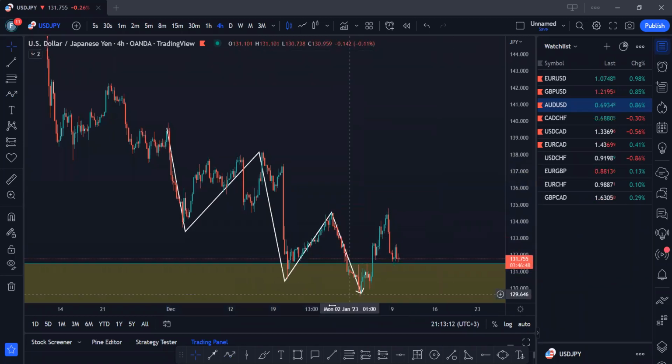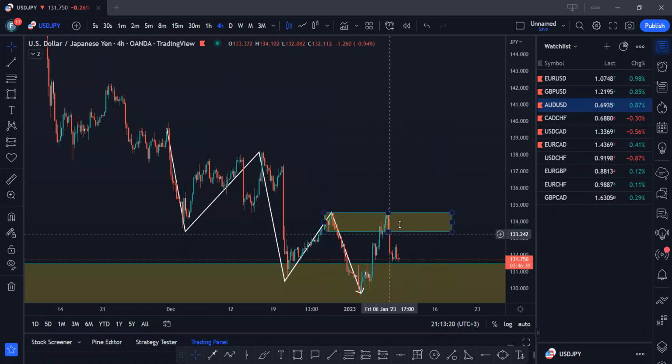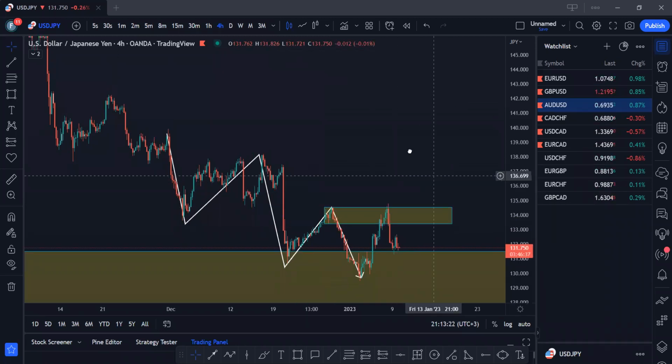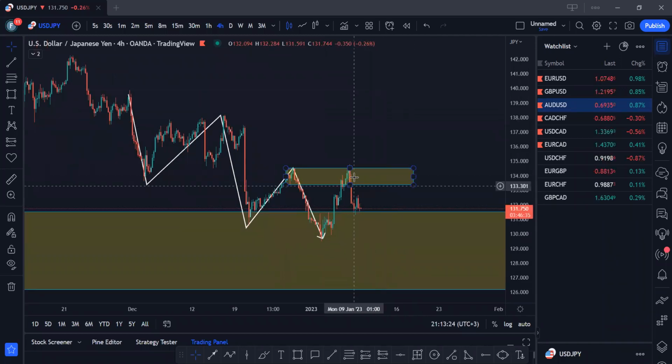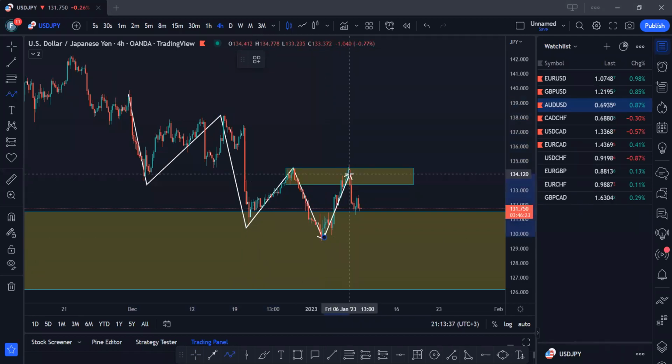So right now on H4, price is still very much, ultimately bearish. Price is respecting the supply. So we have this retracement into this zone, and then possibly we might have a new lower low to be printed.